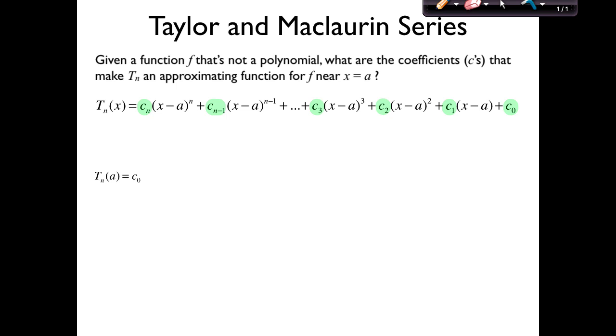Okay, so if that's what we get when we plug a in, then what do we want C0 to be? What do we want to happen at a? We want our polynomial, T of a, to do the best it can for the function at a.